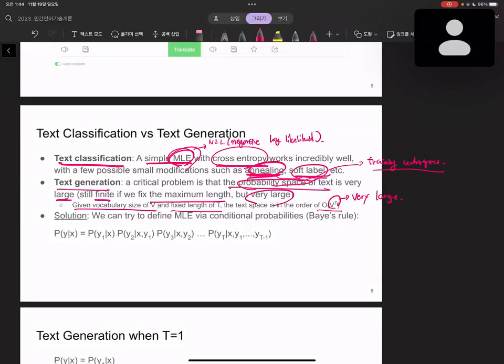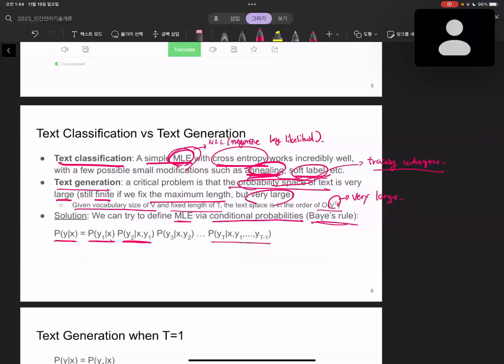So, as a solution, we can define maximum likelihood estimation via conditional probabilities, which is also called the Bayes rule. So P of y given x is equal to P of y1 given x multiplied by P of y2 given x comma y1, and so on.